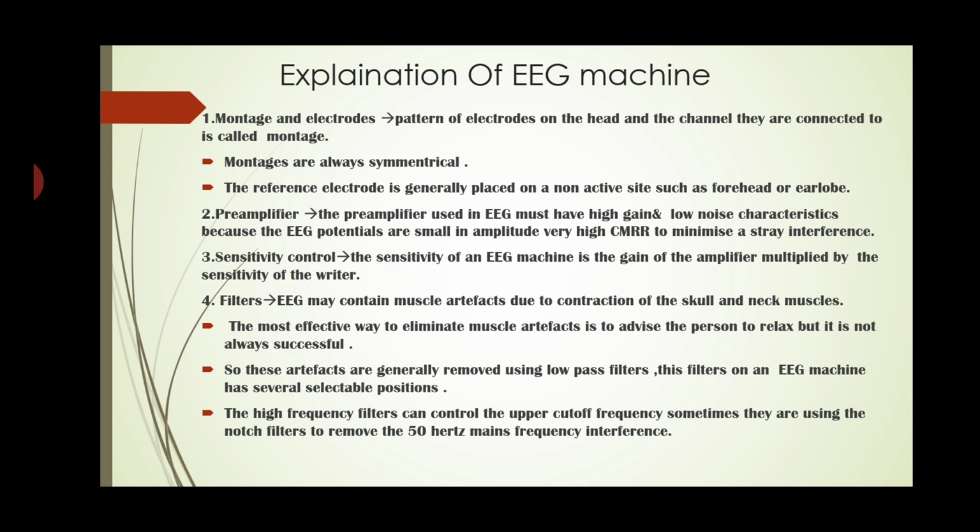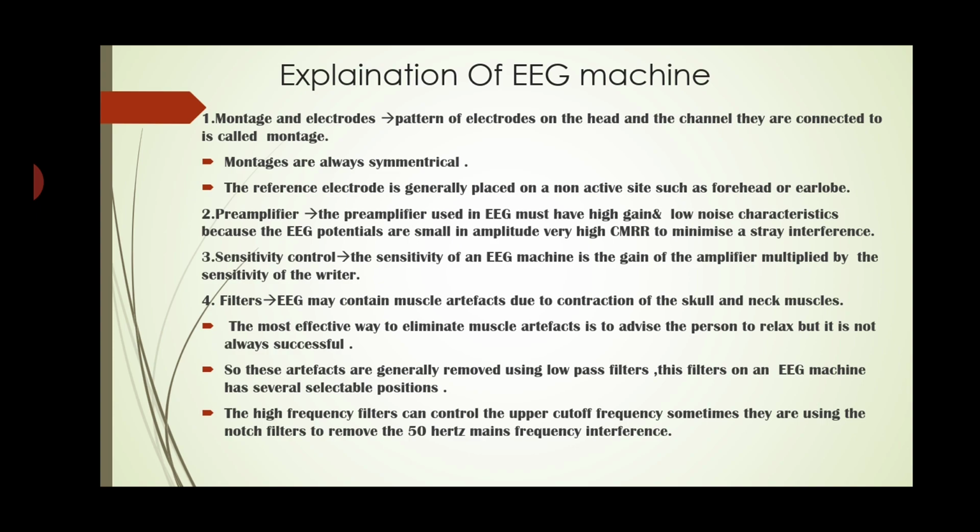Second, the preamplifier. The preamplifier used in EEG must have high gain and low noise characteristics because the EEG potentials are small in amplitude. A very high CMRR is needed to minimize stray capacitance effects.